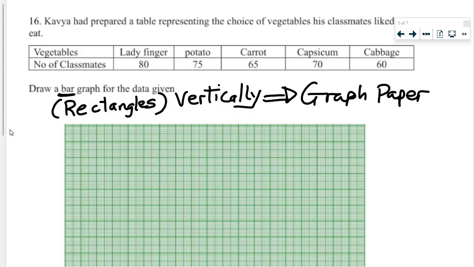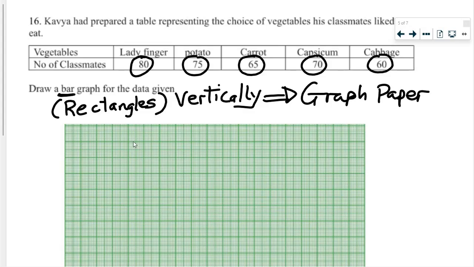Now, before we start, we have to look at the numbers, and when you look at these numbers, each number you see is a multiple of 5, meaning it is divisible by 5.